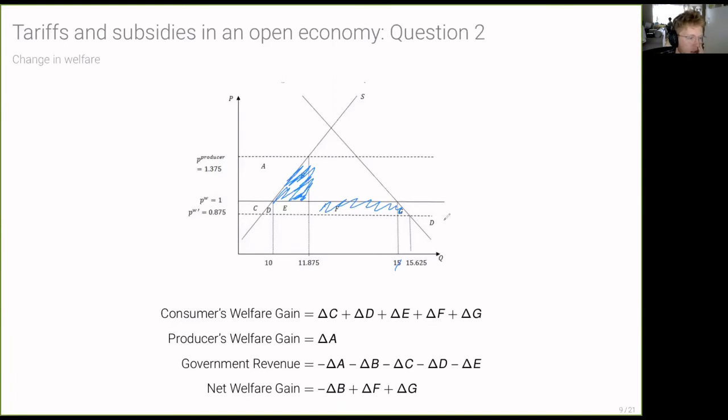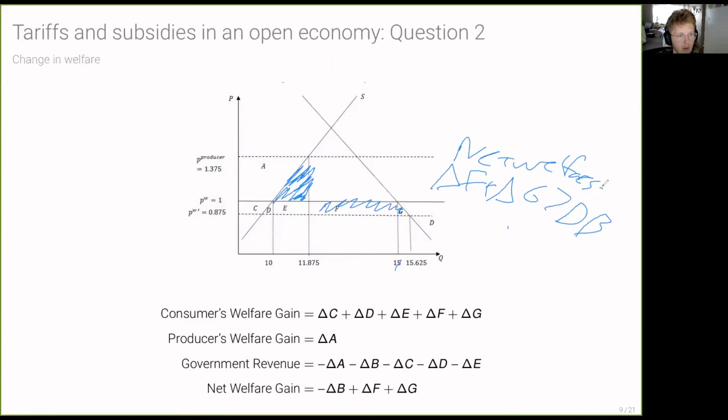And so the deadweight loss here is effectively B. You can see that if the areas F and G are larger than the area of B, then we'll have a net welfare gain.